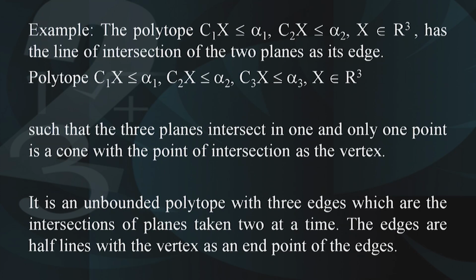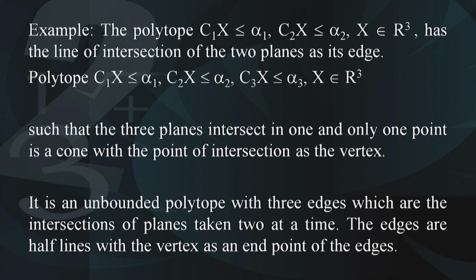Let us take some examples to understand this. The polytope C1x ≤ α1, C2x ≤ α2, x belonging to R3, has the line of intersection of the two planes as its edge.